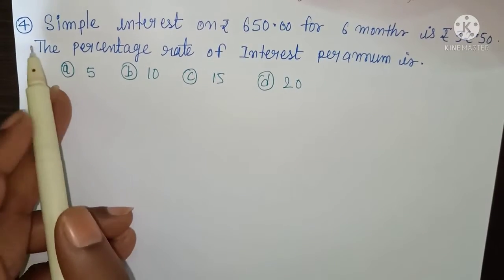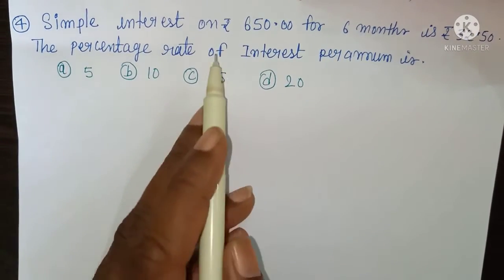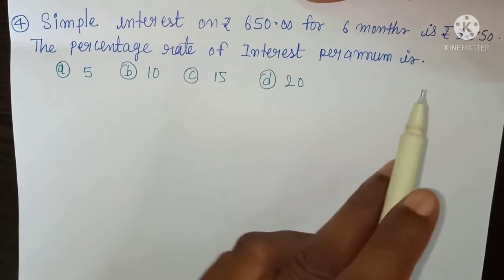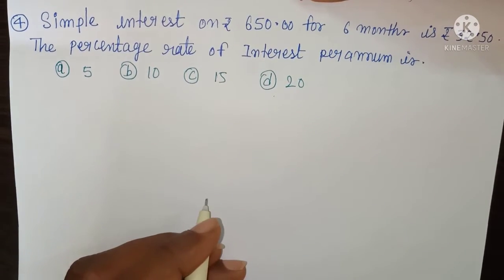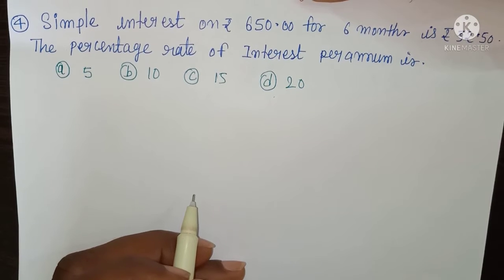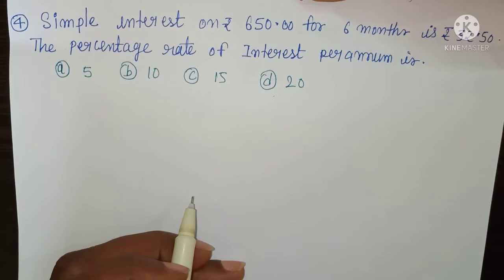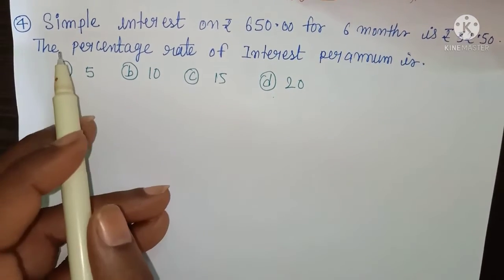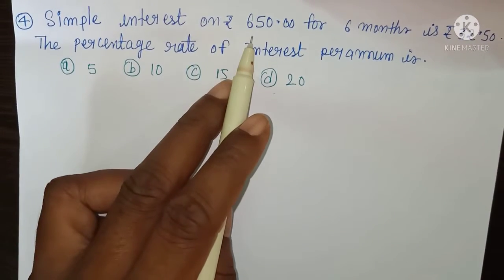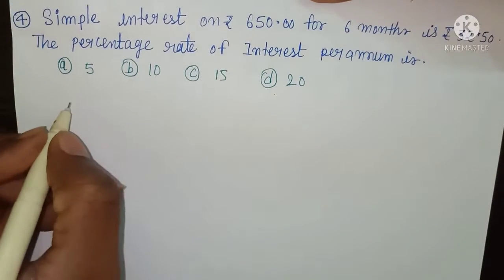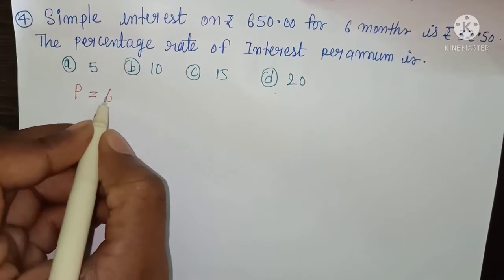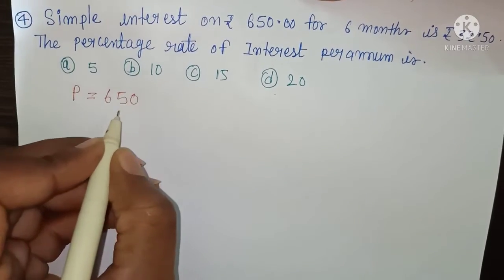Now question number 4. Simple interest on rupees 650 for 6 months is 32.50 rupees. The percentage rate of interest per annum is? Here the principal is given: P is equal to 650 rupees.